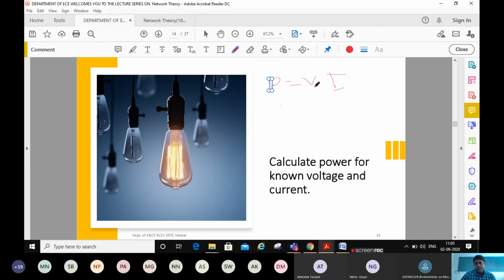Or if you know current and power, then you need to calculate the voltage. In presence of power and current you can calculate voltage, and in presence of voltage and power you can calculate current. Okay, so that's fine.